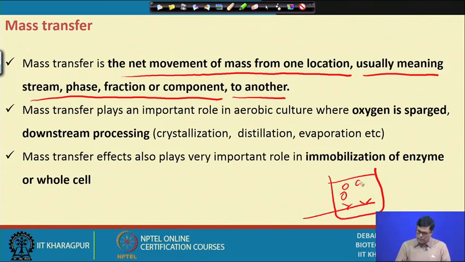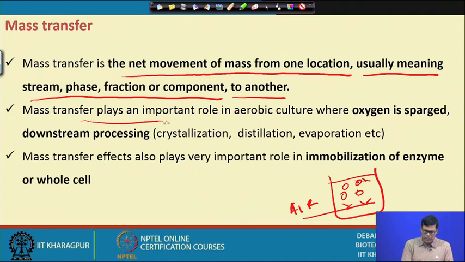The air bubbles go out, this is air in, and when it goes, the oxygen present in the air goes to the liquid. So the oxygen present in the gaseous phase comes to the liquid phase. This is the kind of example that we have.